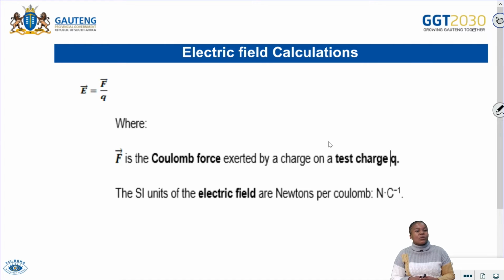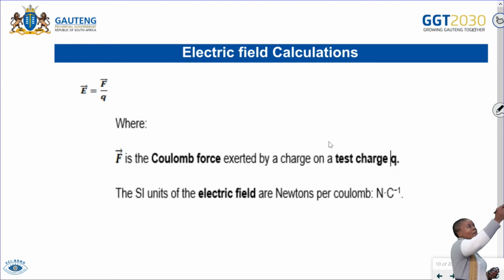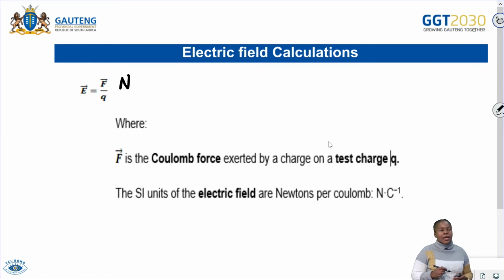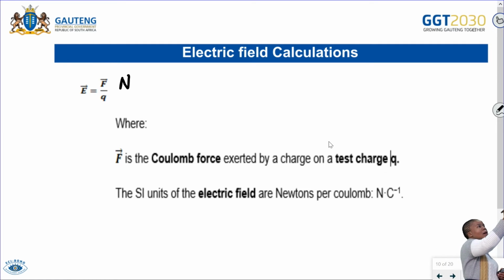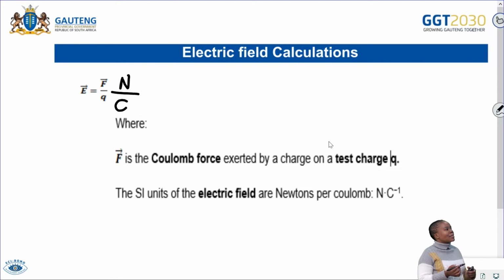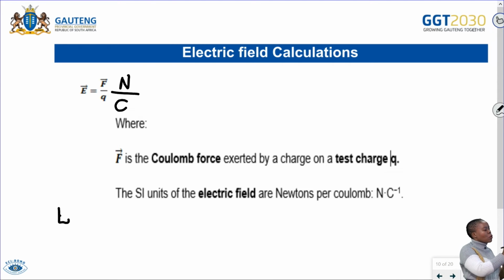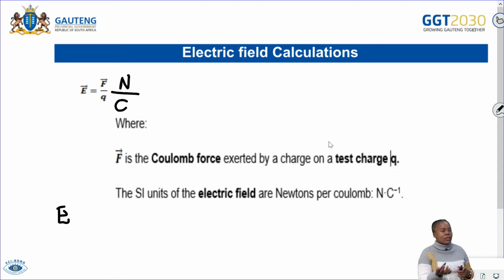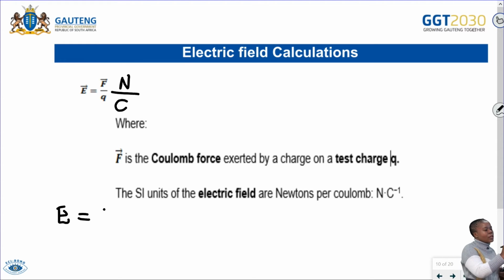Hence we calculate the electric field in newtons per coulomb, because we have the force at the top in newtons and the charge at the bottom in coulombs.